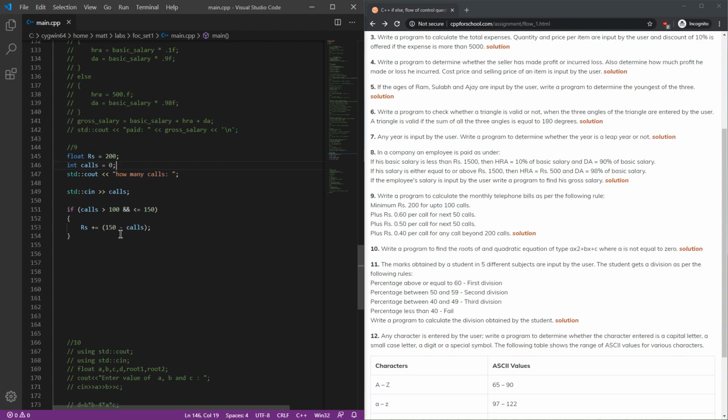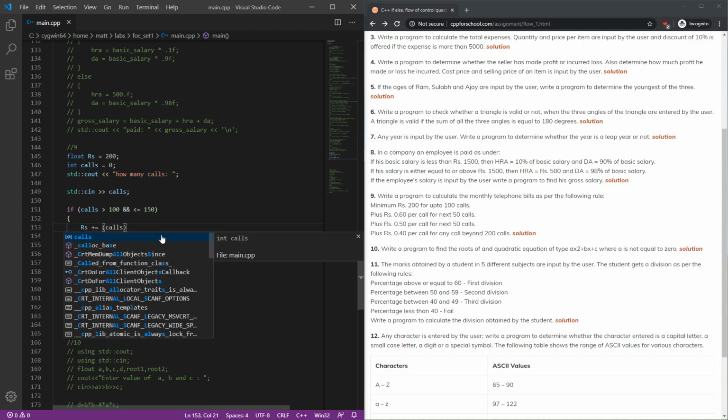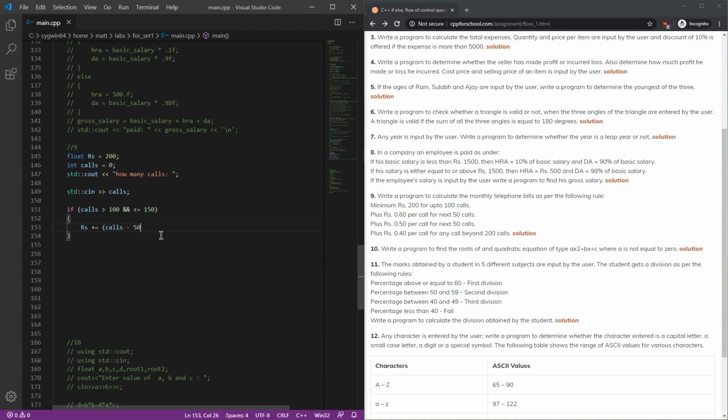And the amount we're going to add to it is, let's see, we got to think about this here. 60 cents per call over 100. Okay, so we just need to take calls minus the 100 that we've already got, because that's up to the $200 bill, and whatever's left is 60 cents each, right?